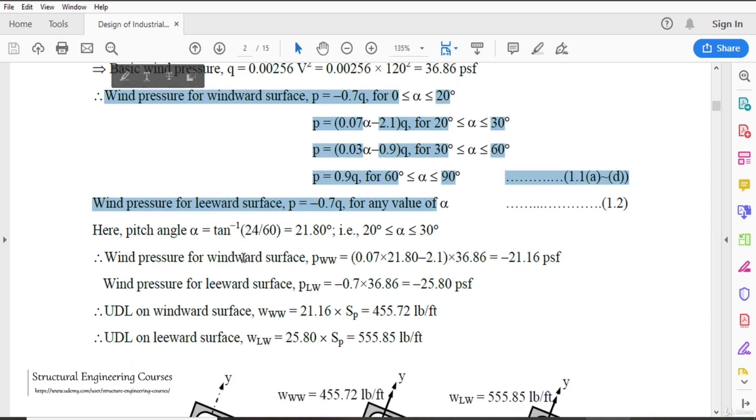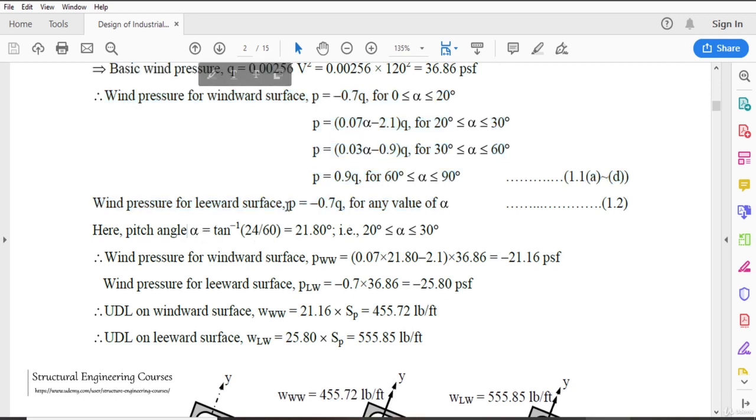The pitch angle alpha that we had already calculated initially comes out to be 21.8 degrees, that is between 20 and 30 degrees, that is this case. So for the windward surface, the equation we need to consider is this equation, that is 0.07 into alpha, that is 21.8, minus 2.1 into Q. Q is nothing but 36.86 psf. So wind pressure for windward surface comes out to be minus 21.16 psf.